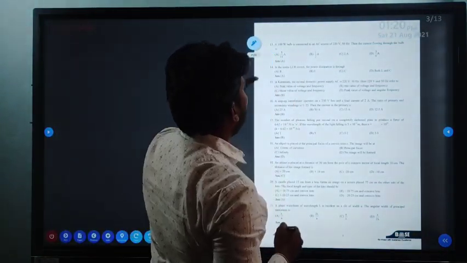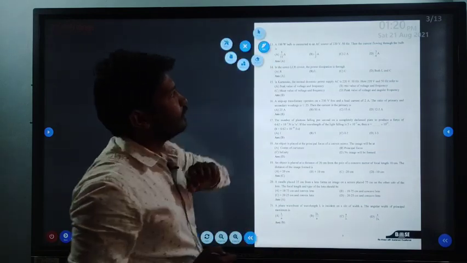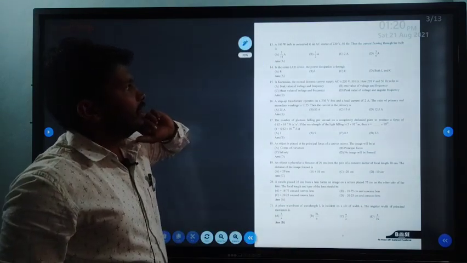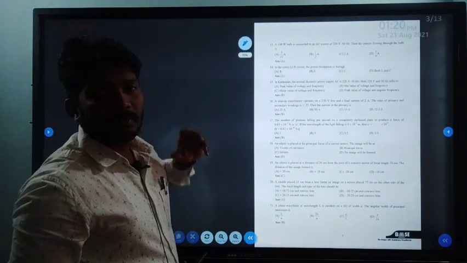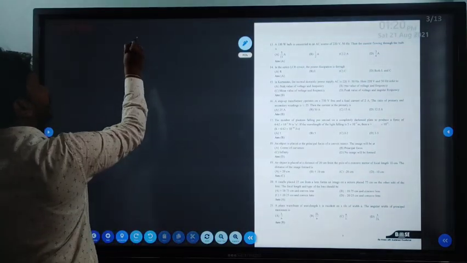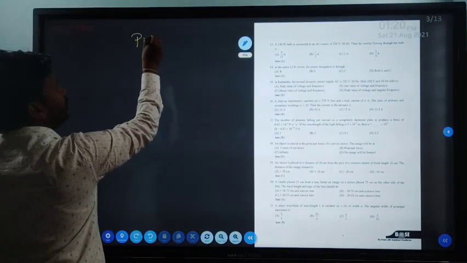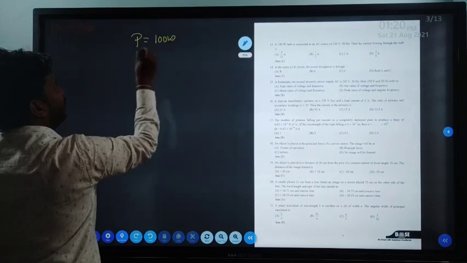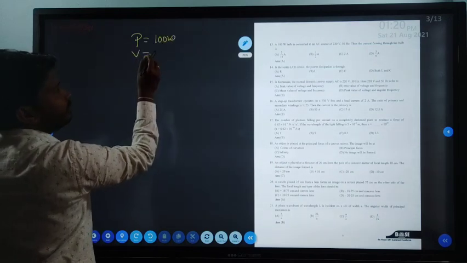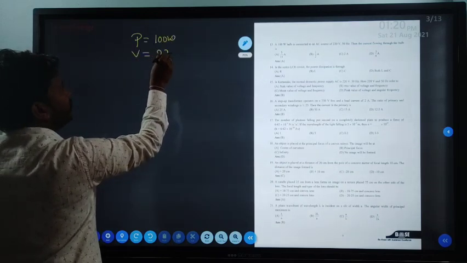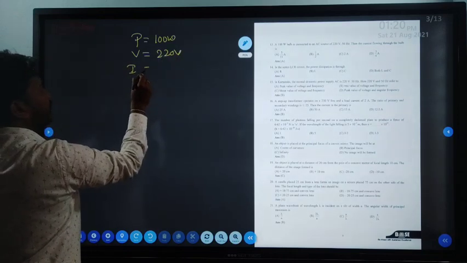100 watt bulb is connected to AC source of 220 volt 50 hertz, then current flowing through the bulb is, so simpler thing, they given power value how much? 100 watt, and voltage value they mention as 220 volt. Let me find out that current value.